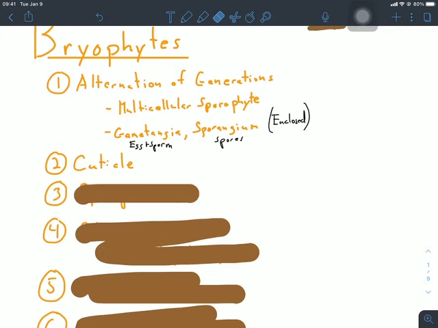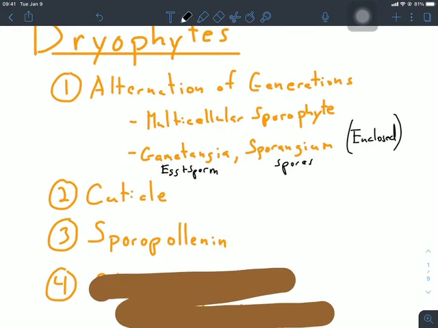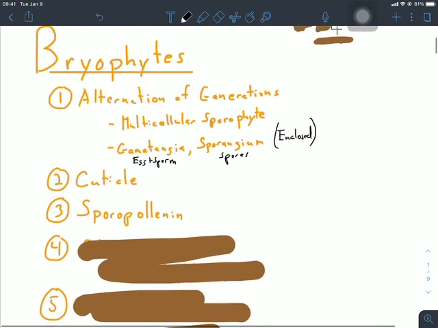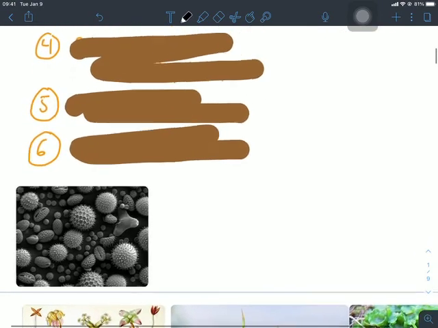That polymer is called sporopollenin. Sporopollenin is one of the most inert chemical substances on our planet, meaning that it's not going to be reacting with anything. It provides a protective layer for the outside of spores and is still utilized today in pollen.